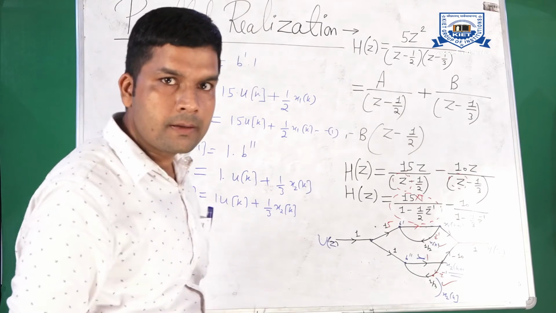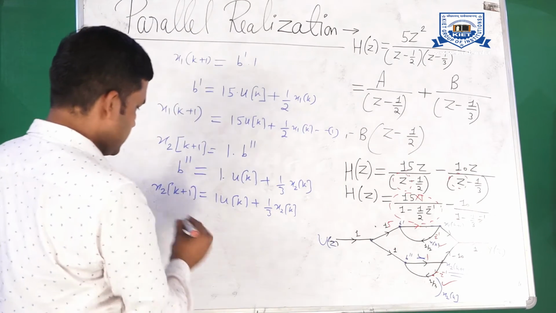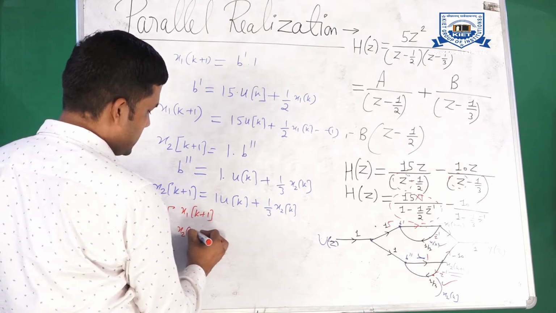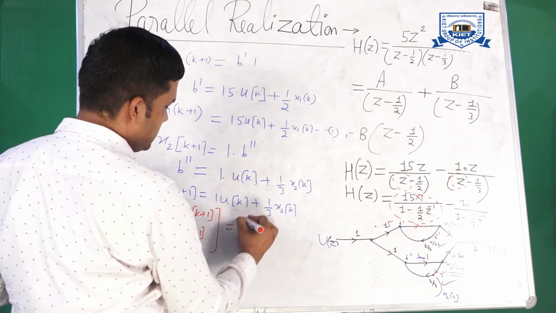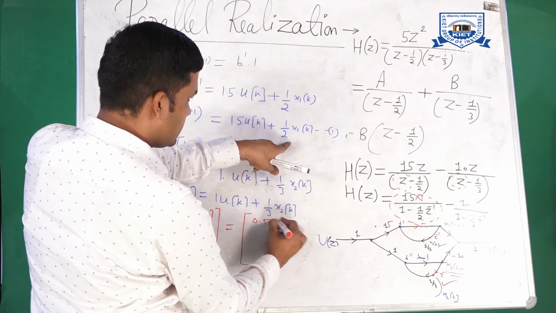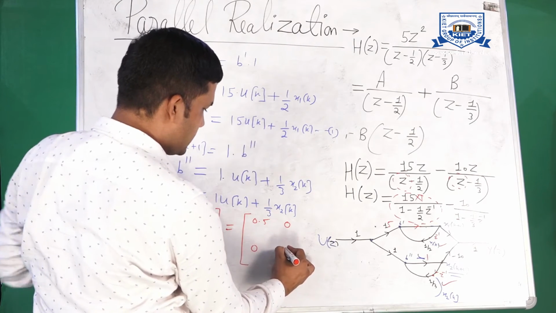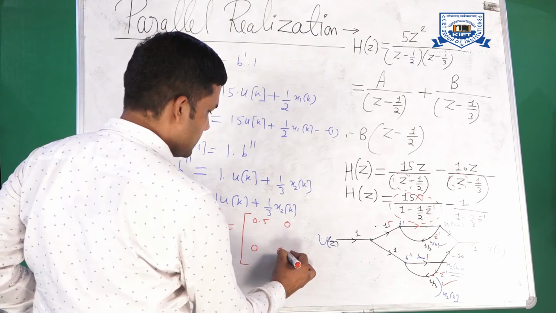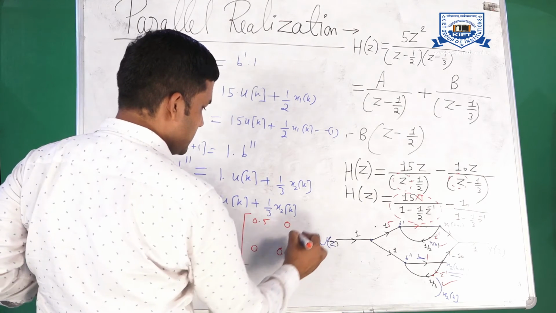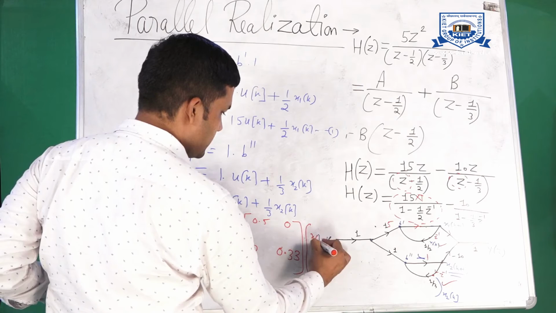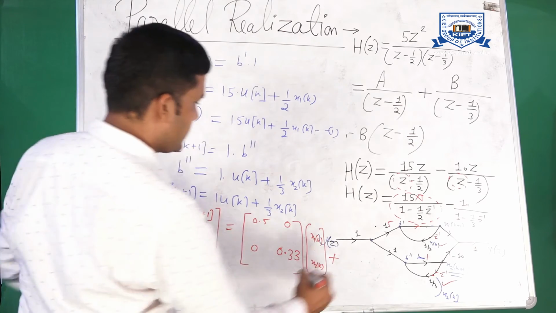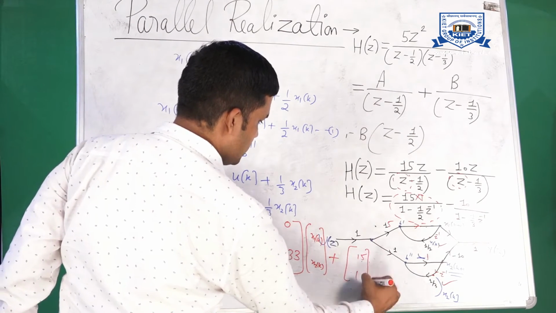In matrix form, it may be written as x1(k+1), x2(k+1) is equal to [1 by 2 (0.5), 0; 0, 1 by 3 (0.33)] times x1(k), x2(k), plus [15; 1] u(k).